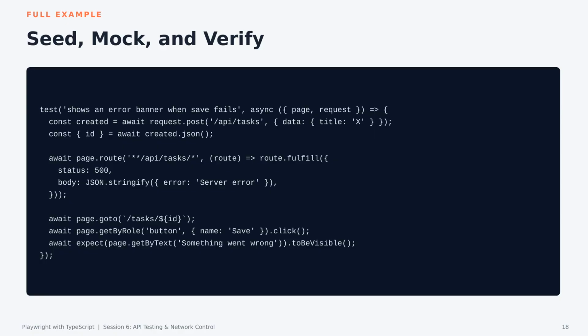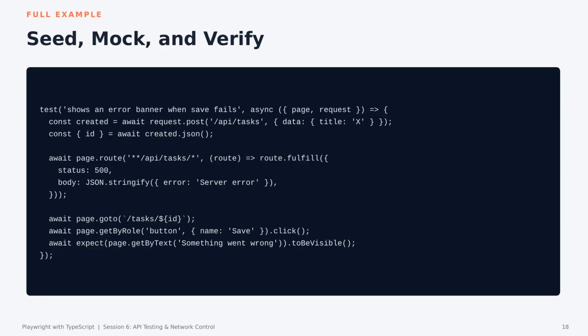Let's put everything from today together in one complete realistic example. A test called shows an error banner when save fails. First, we seed a task through the API. Then we set up a route that intercepts that task's API endpoint and fulfills it with a 500 error status.